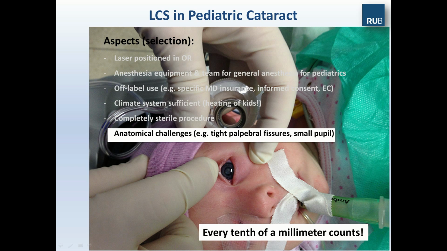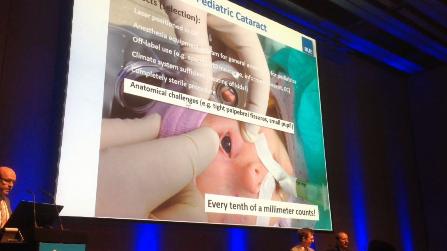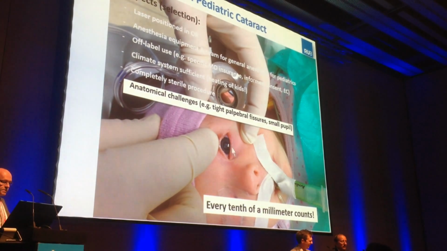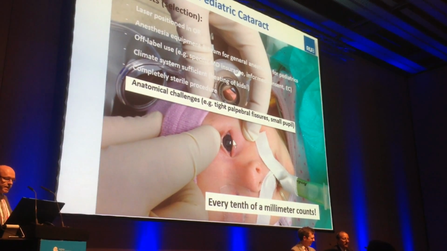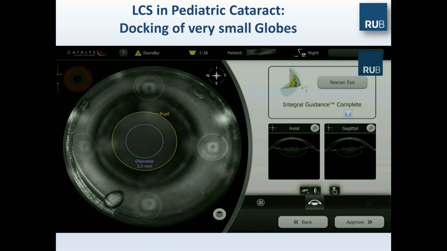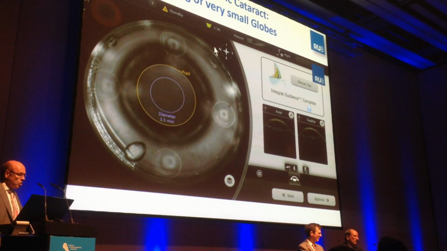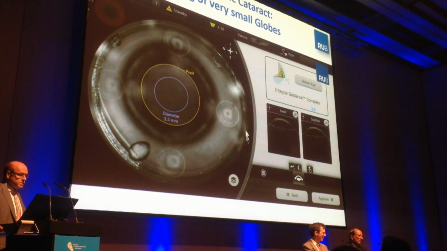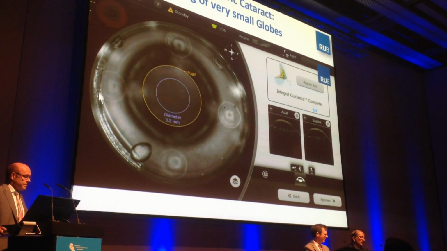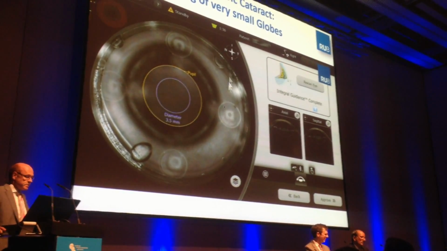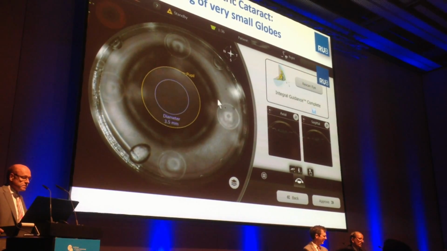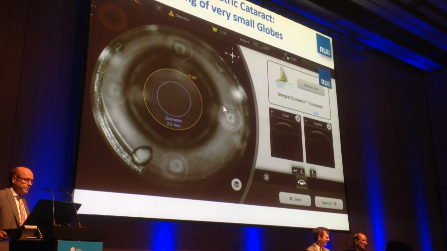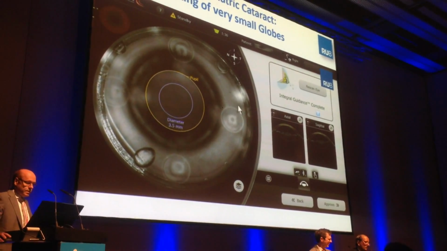Of course, you are opposed to some anatomical challenges, because you have to deal with small pupils as well as tight palpebral fissures. And therefore every millimeter counts. You're docking very small globes, so this is the inner portion of this docking patient interface, and you see the big difference compared to adults.